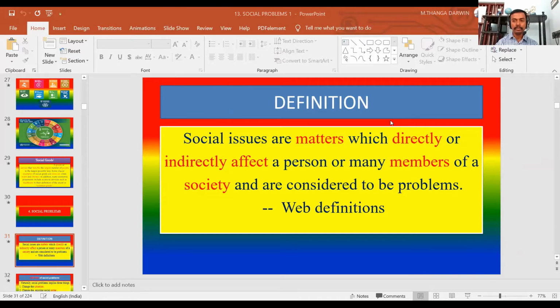Keep these keywords in mind: any matter directly or indirectly affecting the members of society.